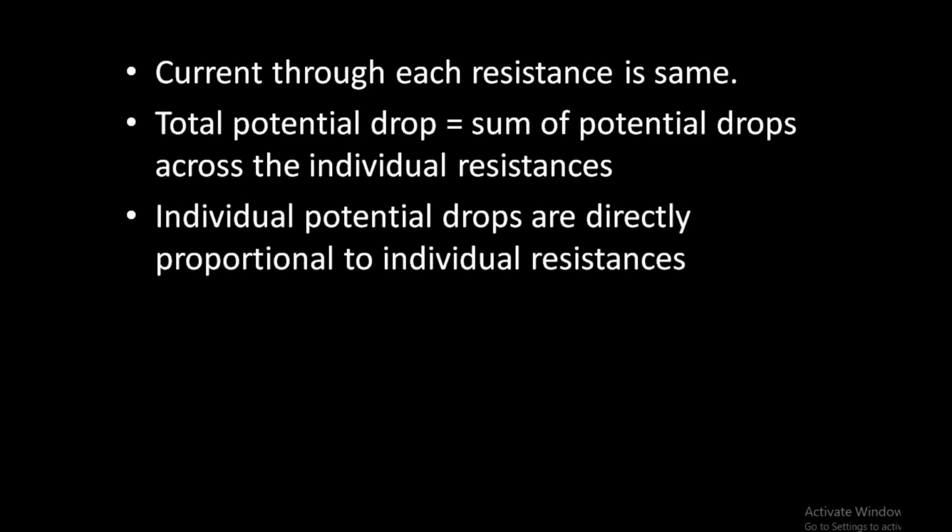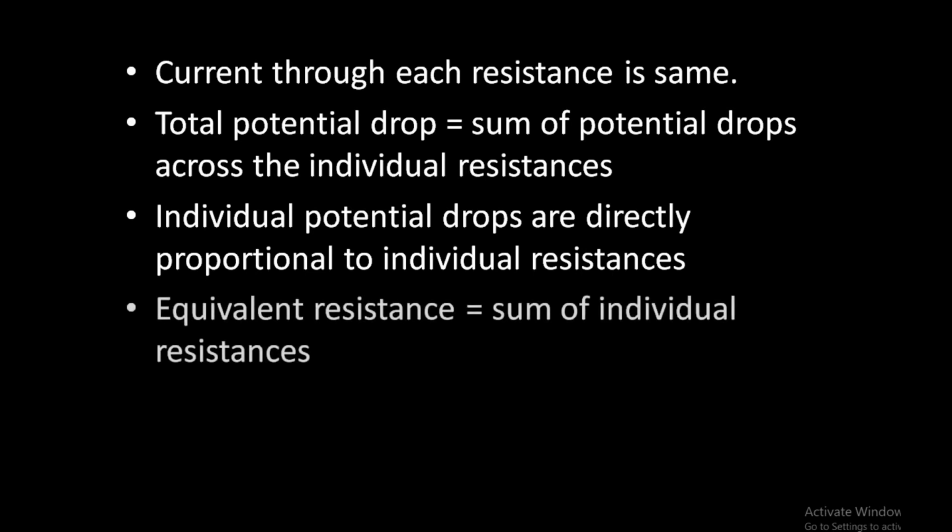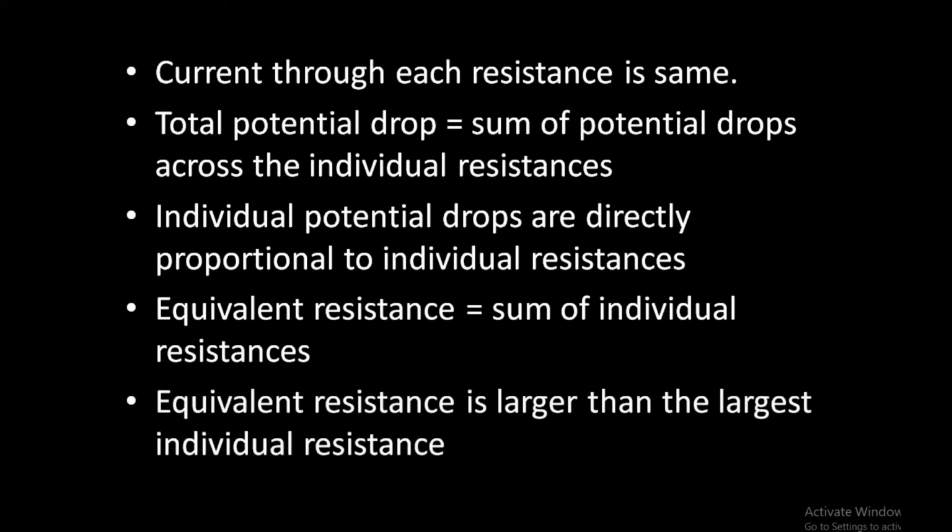Then the individual potential drops are directly proportional to the individual resistances. Next, the equivalent resistance is equal to the sum of individual resistances. And the last one is that the equivalent resistance is larger than the largest individual resistance. So these are some important points regarding resistances in series combination.